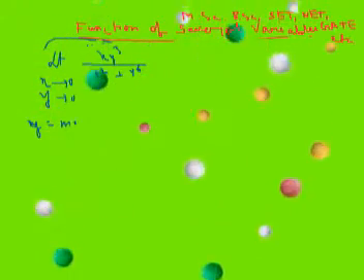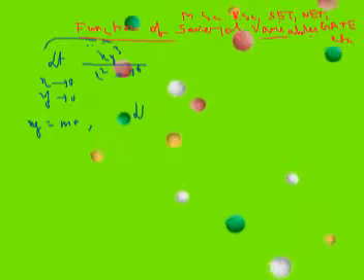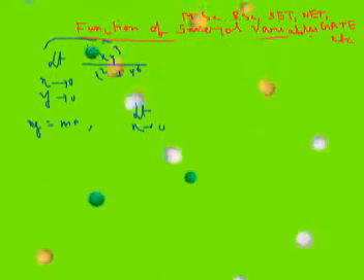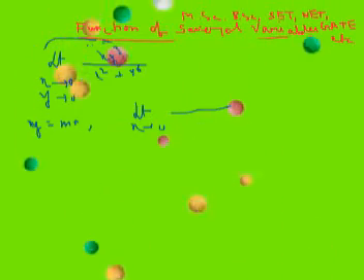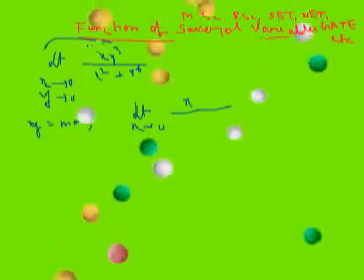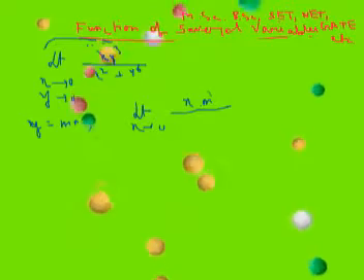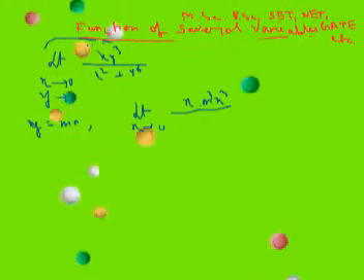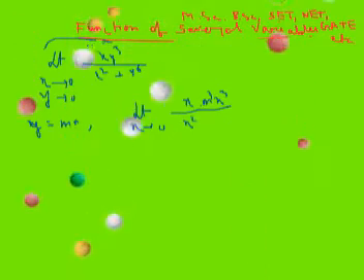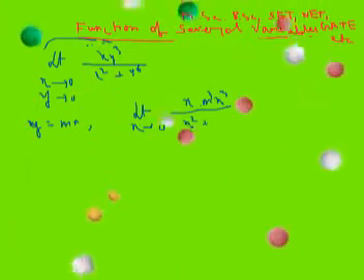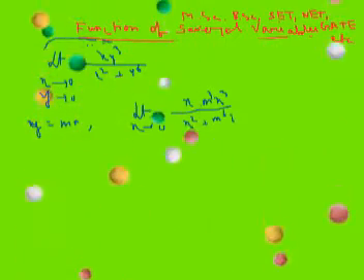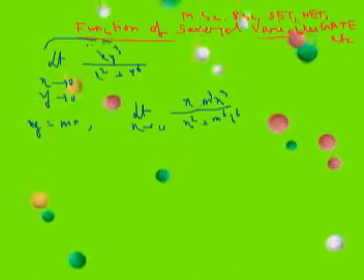Then the limit, x tends to 0, of x times m cube x cube over x square plus m6 x6.